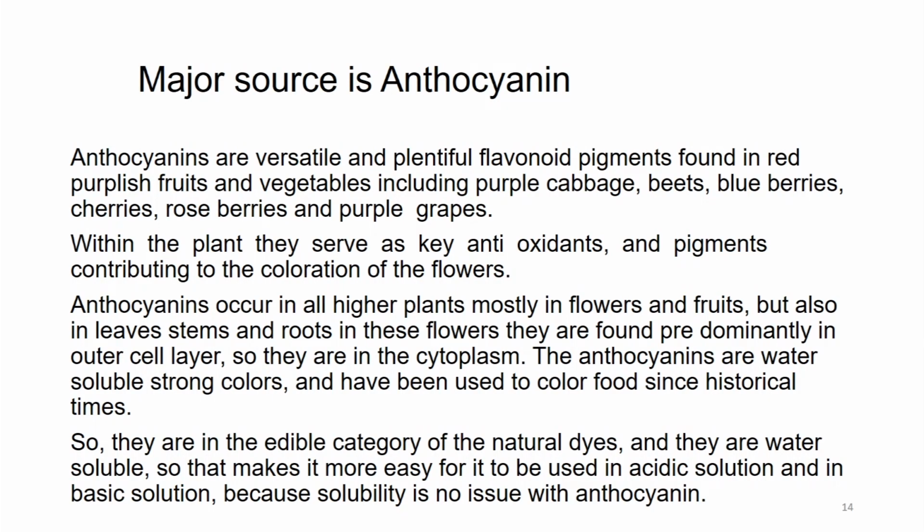Within the plant, they serve as key antioxidants and pigments contributing to the coloration of the flowers. Anthocyanins occur in all higher plants, mostly in flowers and fruits, but also in leaves, stems and roots. In these flowers, they are found predominantly in the outer cell layer.